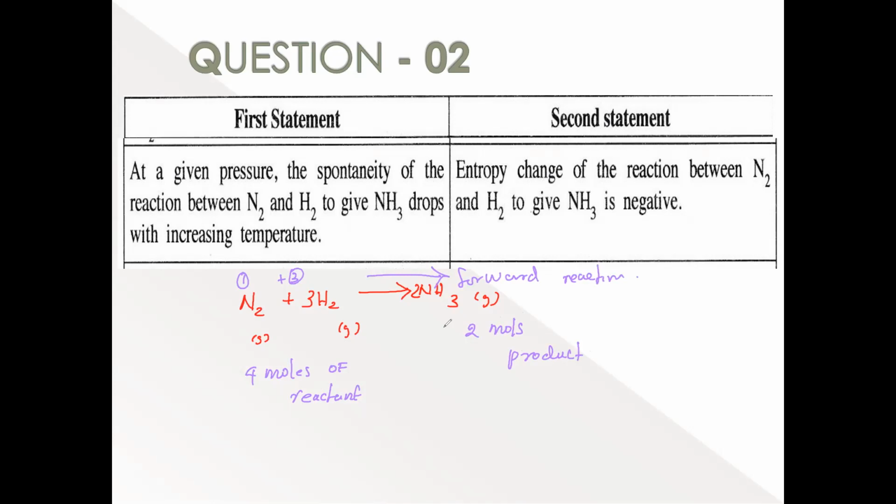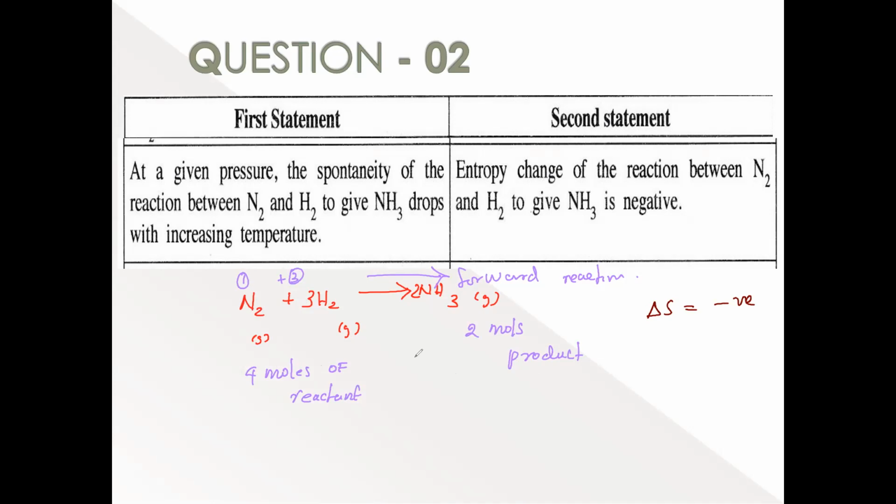Hence, you can compare the entropy: the change of the entropy becomes negative. The delta S becomes a negative value. Why? Your product moles are less compared to the moles of the reactant, therefore your entropy change becomes negative.